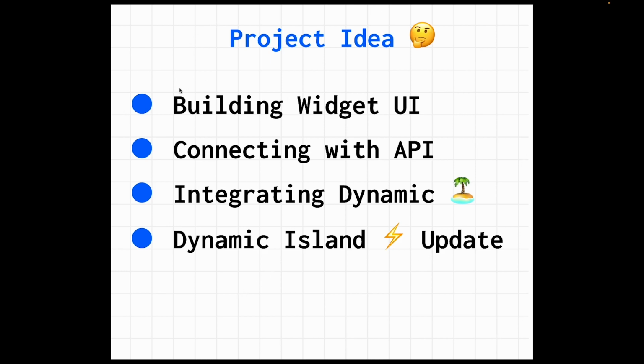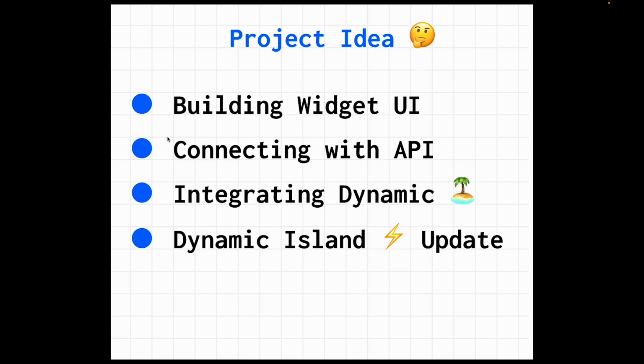So first, we will be doing our front-end part in Flutter. We'll design our app UI. After that, we will be integrating our API. So in this project, we will be using a football API.